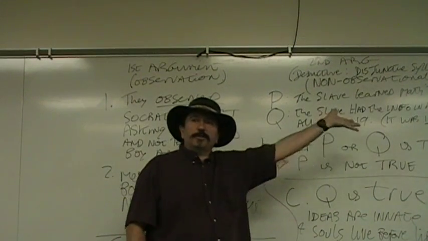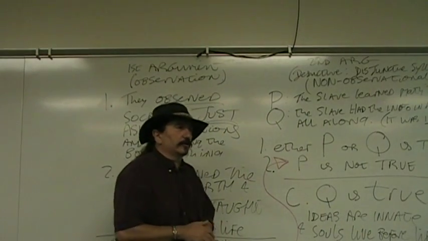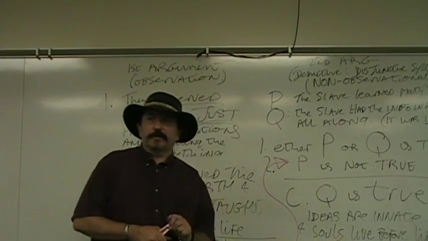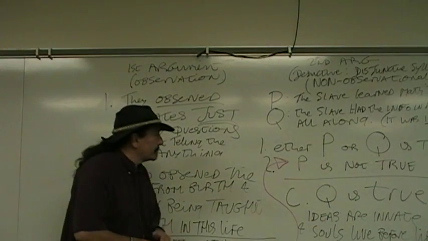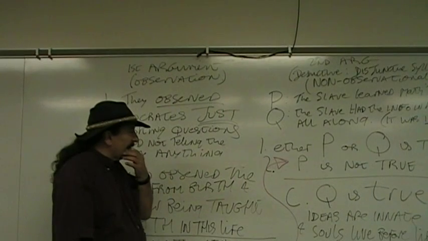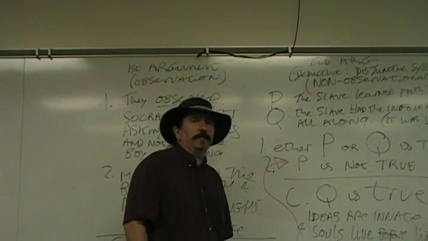Maybe he was a mathematician in a former life. If you look at the Indian model of reincarnation, people have different kinds of lives at different times. So he could have been a mathematician. He could have been educated in a former life.